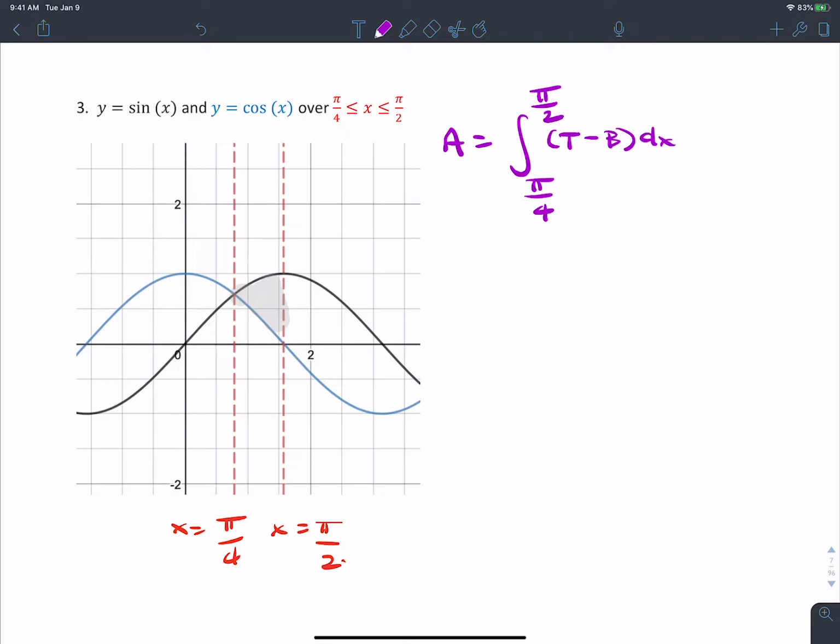Okay, so you guys have to know your curves here. Which one's sine, which one's cosine? Or which curve's on top? So if we draw that approximating rectangle here, I have a top, I have a bottom. What curve do you think is on top? Is that the sine curve or the cosine curve? Sine. So this is on top, and that means the cosine is on bottom then. Okay, you guys okay with that?